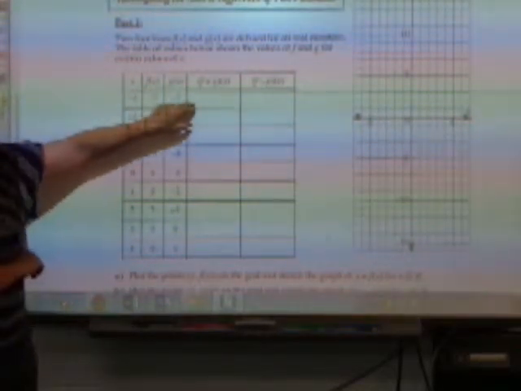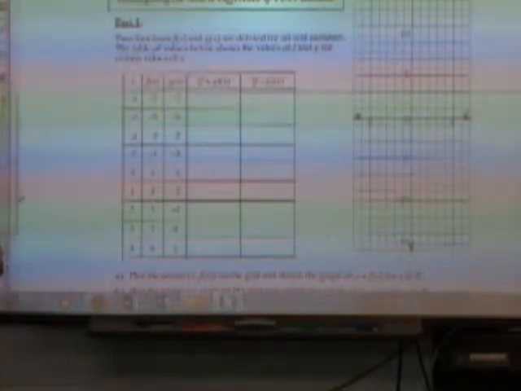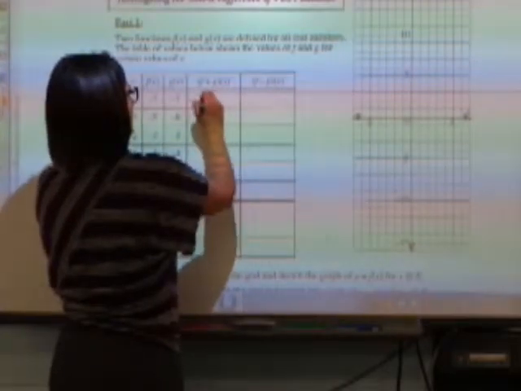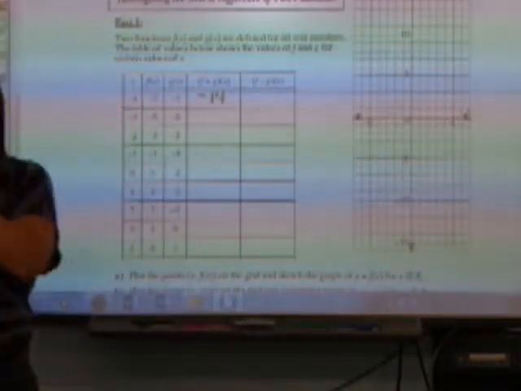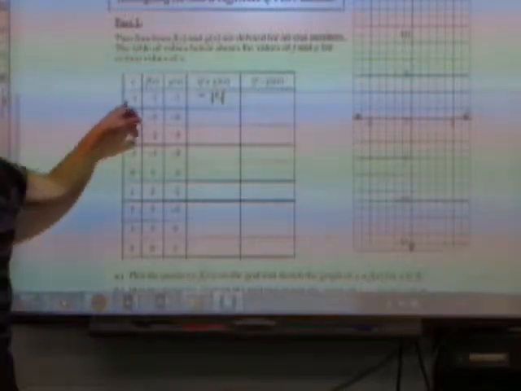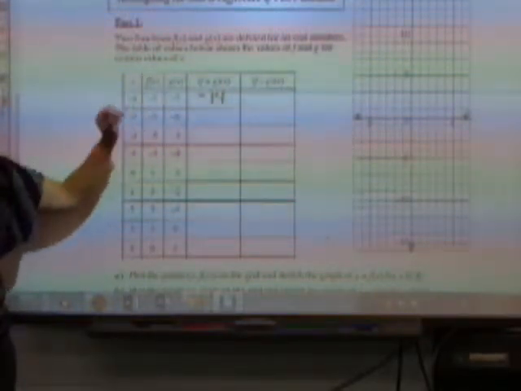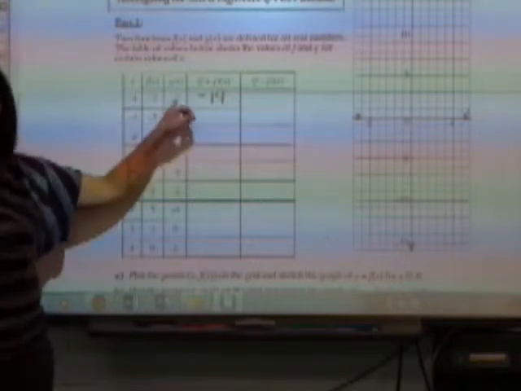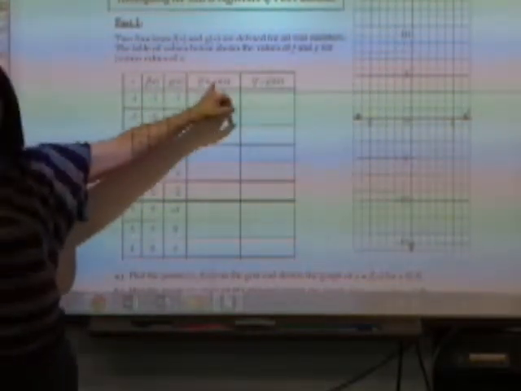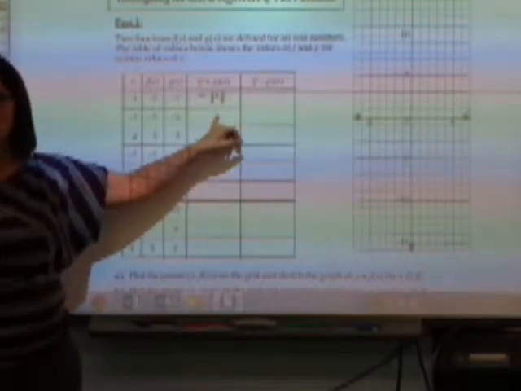What would I get? Negative 14. In other words, f at negative 4, which is negative 7, and g at negative 4, which is negative 7, would give me f plus g at negative 4 being equal to negative 14.